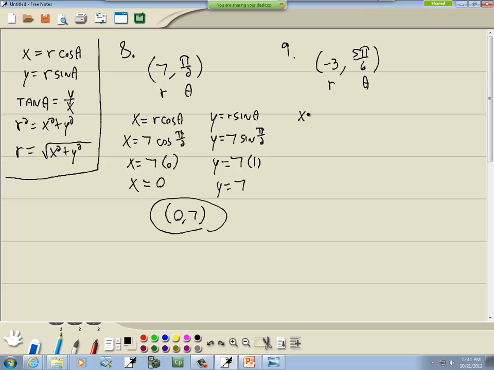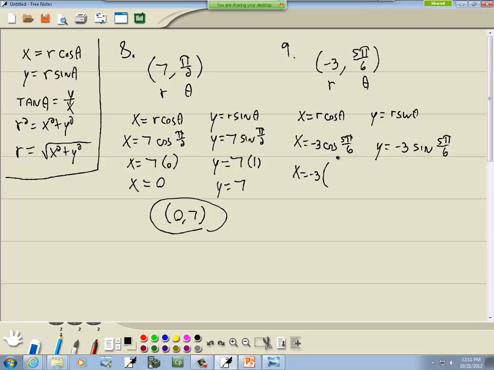So now our formula says x is equal to r cosine theta, and y is equal to r sine theta. So x is negative 3 cosine of 5 pi over 6, and y is equal to negative 3 sine of 5 pi over 6.